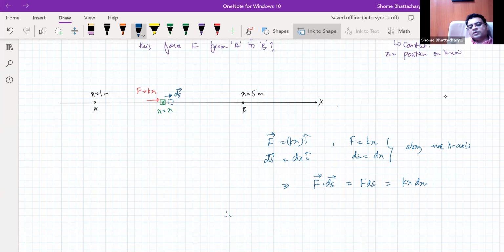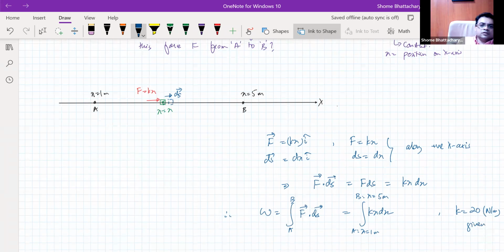So work done by the force will be the integration from A to B, which will become ultimately integration of kx dx from A, where x was equal to 1 meter, to B, where x is equal to 5 meters. In this case, the constant, which is 20 newtons per meter, is given to us. So from this, we can calculate the work done. It should come out to be 240 joules.